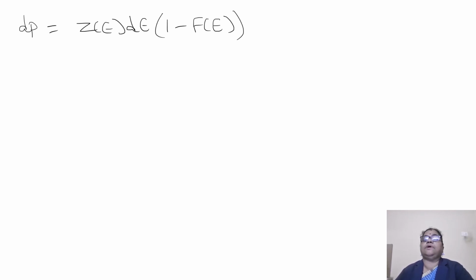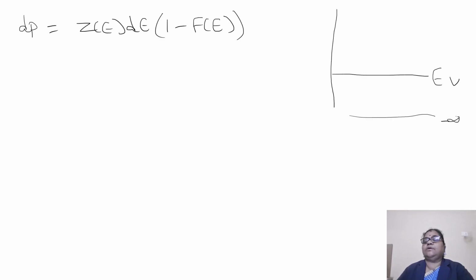in the valence band. According to this valence band, the maximum energy level is represented by the letter EV, and the lower limit is minus infinity. So from minus infinity to EV, what would be the number of holes present at energy levels in between?